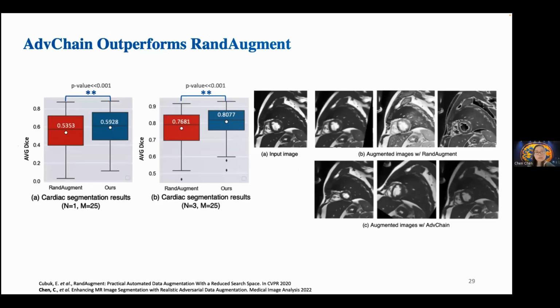I think ADV train is very easy to use. It's a plugin module. And actually, we found that for some hyperparameters we did not require a very exhaustive search procedure. We're directly taking the parameters from the existing random data augmentation pipeline, which has been verified in lots of existing literature.